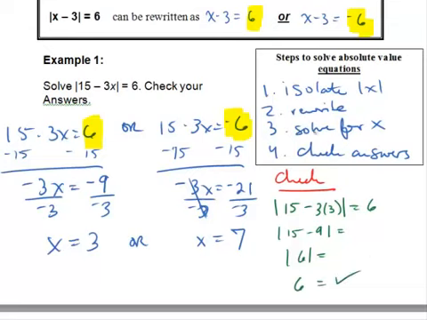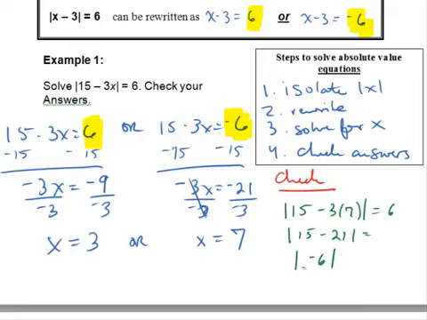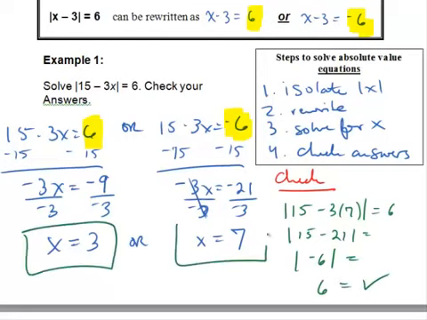For your next check, we're going to try absolute value of 15 minus 3 times 7. Does that equal 6? So absolute value 15 minus 21. And 15 minus 21 is negative 6. So absolute value of a negative number is a positive. So yes, 6 equals 6. So these ones both work.